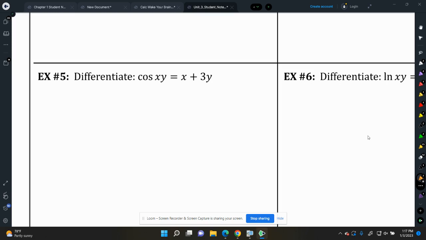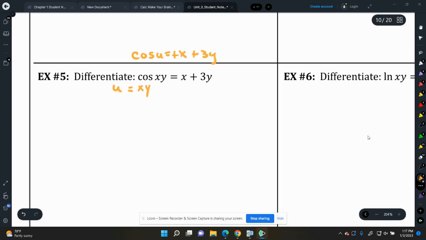Okay, here we go. Let's do this. So we're differentiating, taking the derivative of cosine xy. I'm going to say let u equal xy. Right, so I'm going to think of this as cosine u equals x plus 3y.